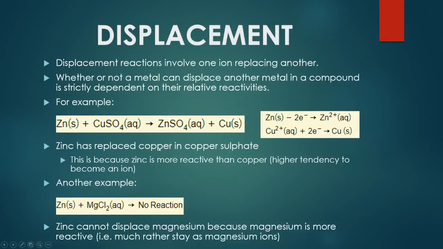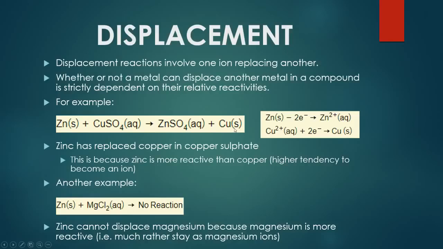So, talking about the reactivity series, another really important concept to learn is displacement reactions, which basically involve one ion replacing another in the reaction. Whether or not a metal can displace another metal that exists in a compound is strictly dependent on their relative reactivities. For example, if you add zinc to copper sulfate, you'll find that you get an end result of zinc sulfate with copper.